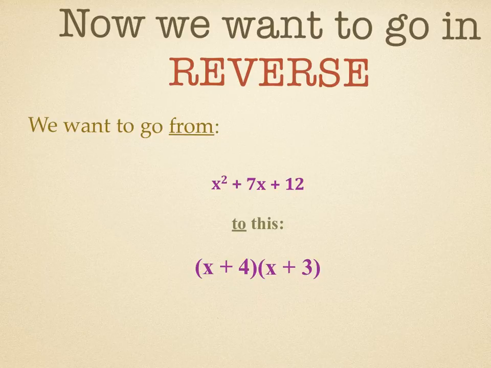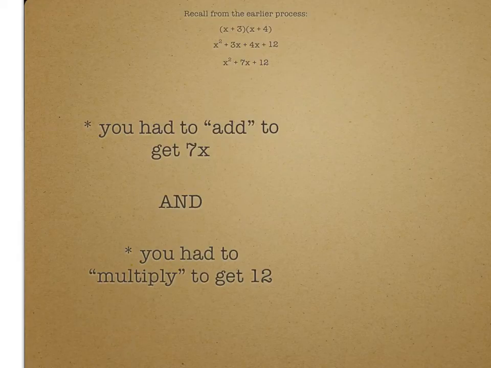Now we want to be able to go in reverse. We want to go from the trinomial x squared plus 7x plus 12 to the binomial factors x plus 4 times x plus 3. So how do we do that? Recall from earlier in the process, when we multiplied x plus 3 times x plus 4, when we multiplied out those inner and outer terms, we ended up with a 3x plus a 4x in order to obtain the 7x.